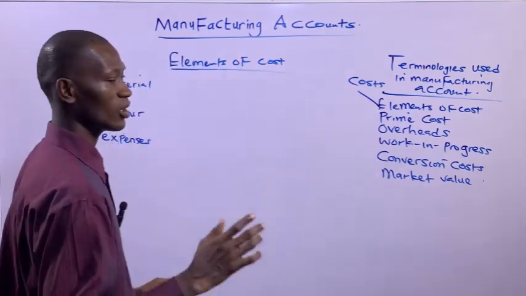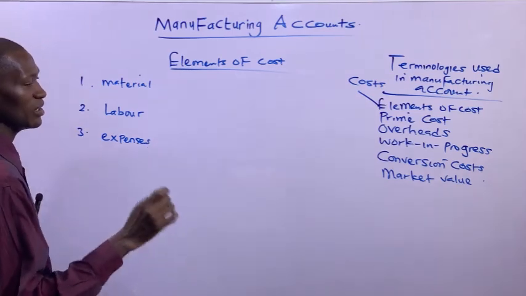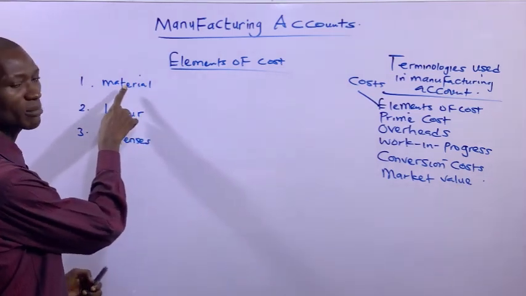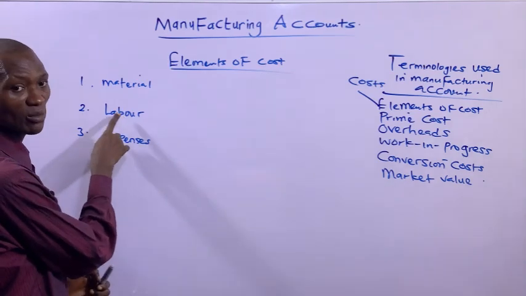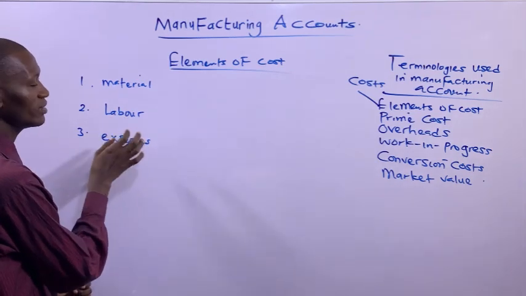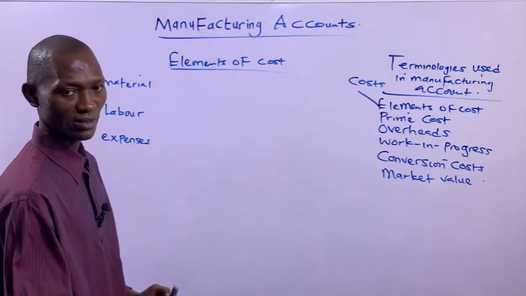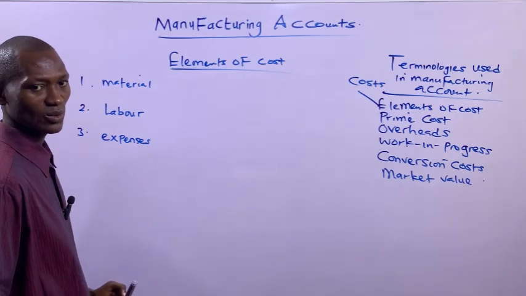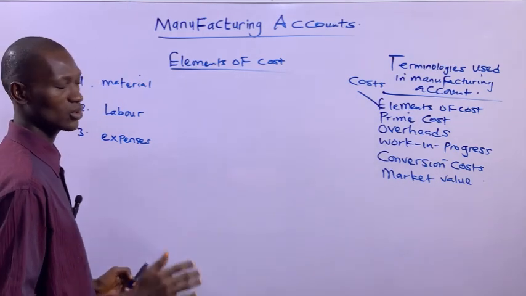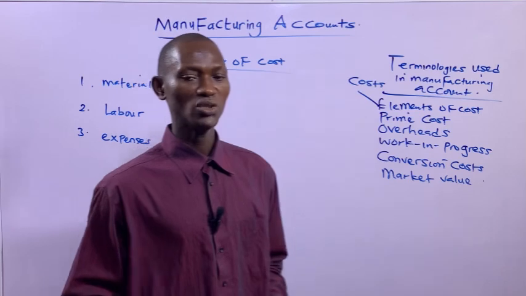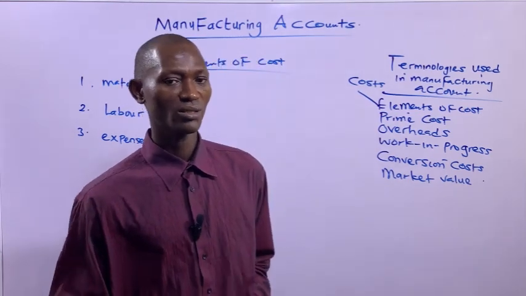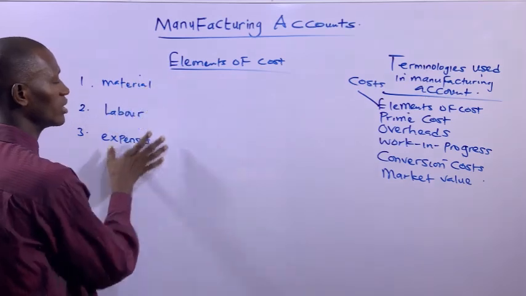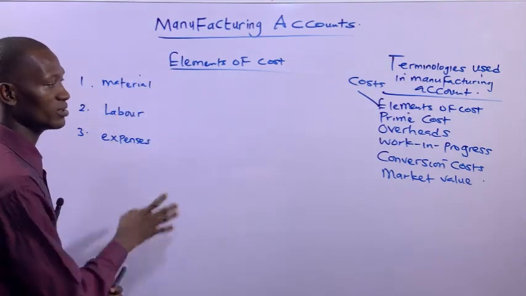So when we say a cost is direct, that means we can have direct material costs, we can have direct labor costs, and direct expenses. So I hope that is understood. So direct costs are costs that can be traceable to the production of a particular commodity. Then we are going to break that down where we talk about this in detail.